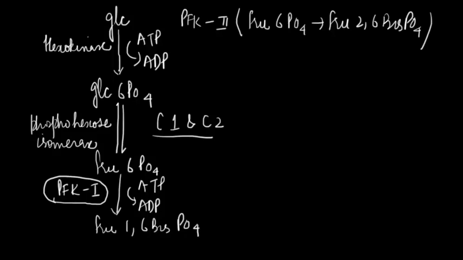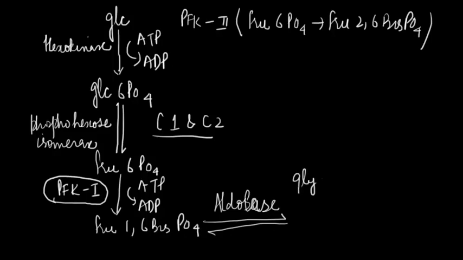Next, this fructose 1,6-bisphosphate undergoes cleavage, and it's this step which gives glycolysis its name, and the enzyme catalyzing this reaction is aldolase, resulting in the cleavage of this 6 carbon phosphorylated sugar to 3 carbon triose phosphates.